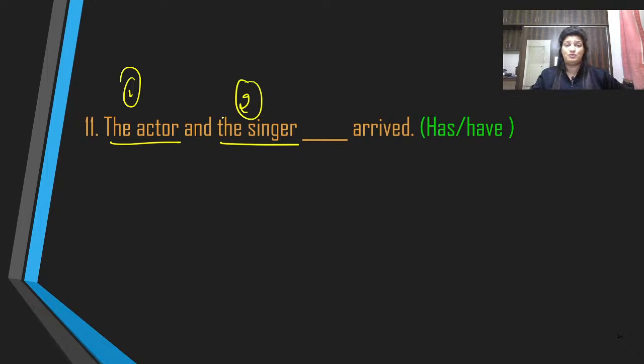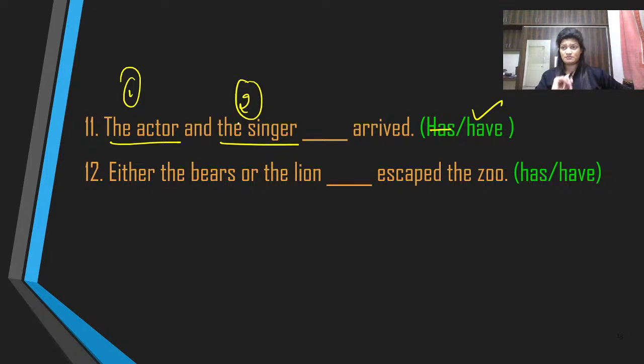We have a plural subject, right? So we are going to take a plural verb. I'll let you figure it out in the next question. Moving on to question number 12. Question number 11 is have.